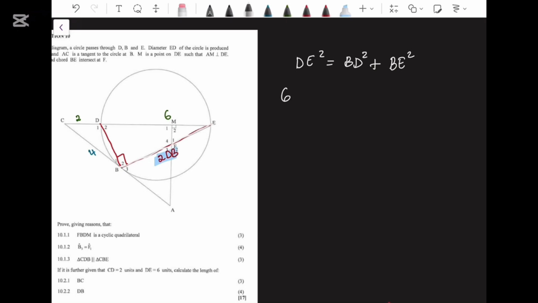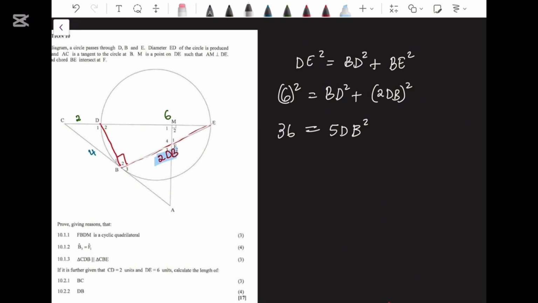That is the Pythagoras theorem. So we are going to have 6 squared is equal to BD squared that we are looking for, plus, instead of this BE, I'll put 2DB squared. Now, 6 squared is the same as 36, which is equal to 4DB squared plus DB squared, so it will be 5DB squared.